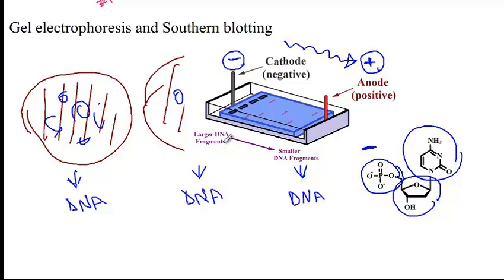So all the DNA will be separated. The larger fragments have difficulty moving through the pores of the agarose gel, while the smaller fragments can easily move through the pores. So the ones that you get on top are larger DNA fragments, and the ones at the bottom are smaller ones. So now that we've isolated the DNA, the next step is to confirm that some of these fragments actually have our gene of interest.